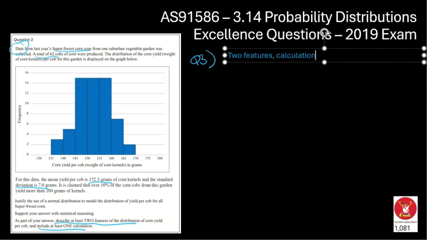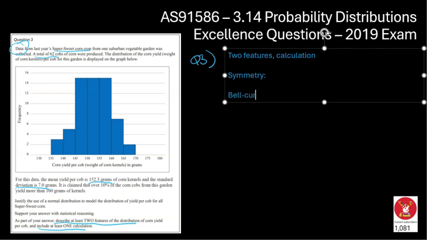So as always, I think about what I want my response to look like before I start. For me, the biggest and most obvious thing is a normal distribution has to have symmetry. So I'm probably going to want to talk about symmetry as part of my conversation. And the second thing, it could be unimodal or the fact that it's bell-shaped.